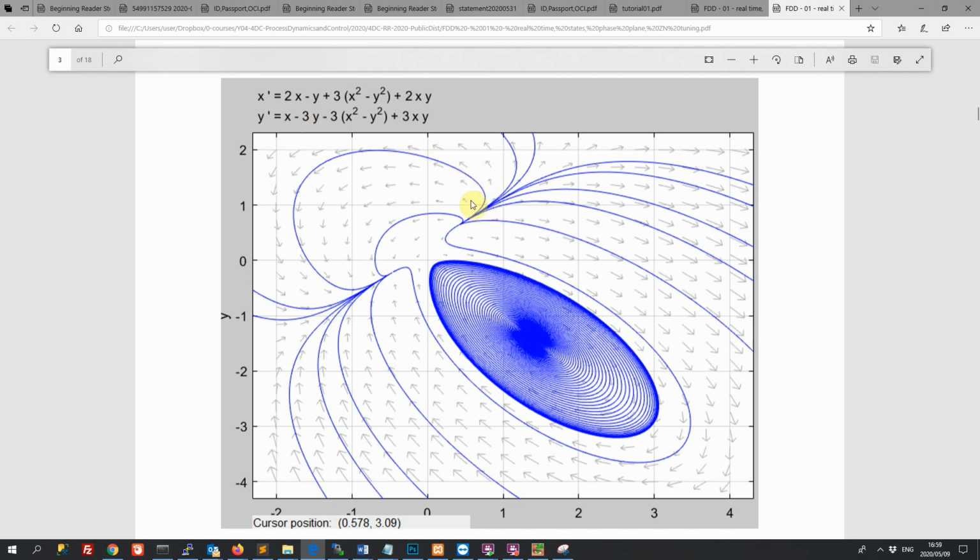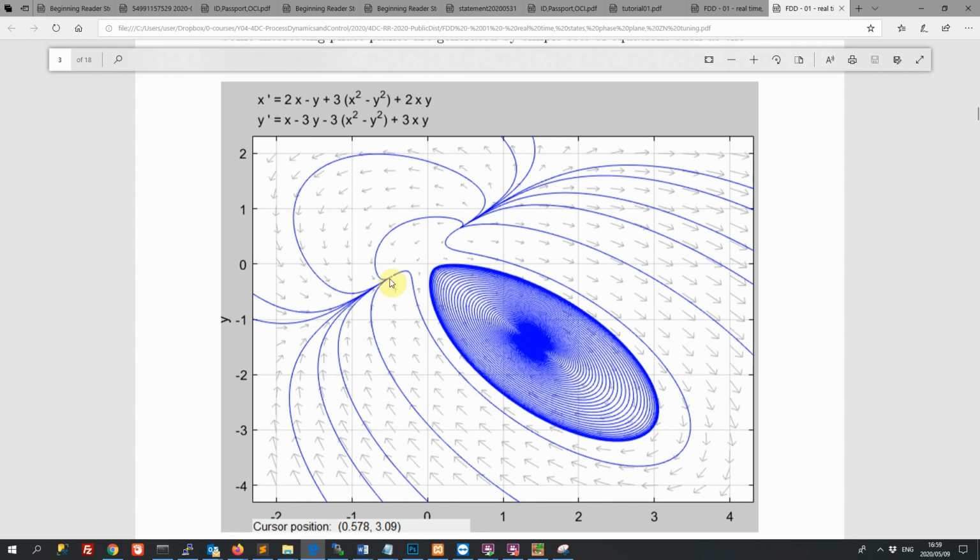If it deviates in this direction, if your x value were to increase slightly, then you'll be on this side, and there you'll have a positive dy dt and dx dt, so it will start increasing. Then you'll get to a point where dx dt becomes negative, and it will wrap around this way, and then it will fall into this steady state. And here, this is the opposite. This steady state is actually a stable steady state, and so we are repelled. That's why we use those terms: a repulsor and an attractor.